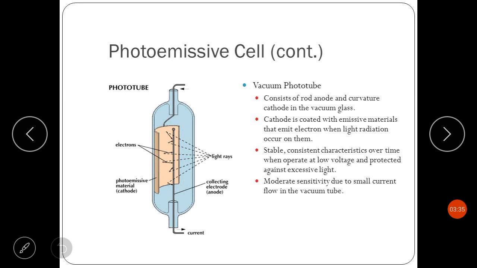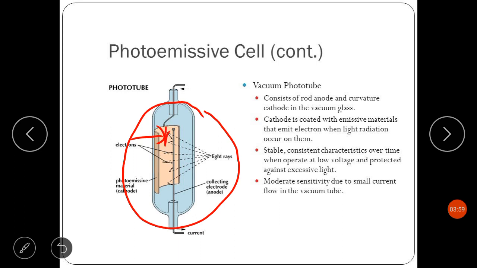To start with, this is the vacuum type photoemissive cell. As you can see, the whole arrangement is mounted in an evacuated glass envelope. The arrangement consists of a thin metal film in curved shape, and the concave part of this film is coated with photoemissive material.